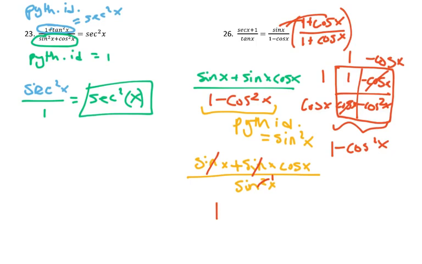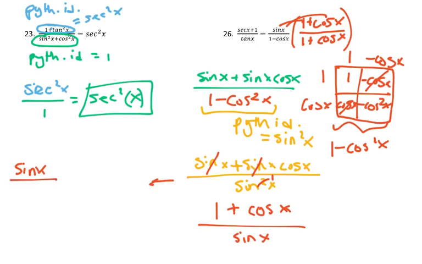And so we actually end up with 1 plus cosine of x over sine of x. So again, if you needed a step in between there, you could have noted that it's sine of x over sine squared of x plus sine x cosine x, and then canceled one of the sines from the top and bottom.